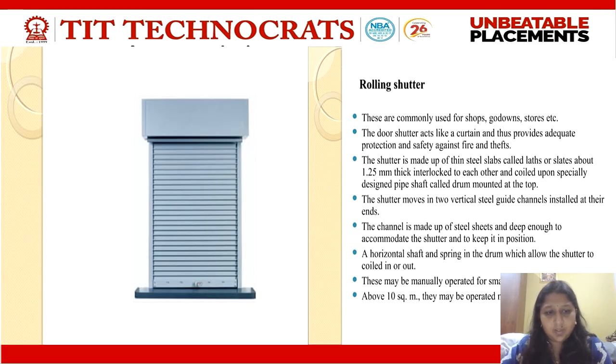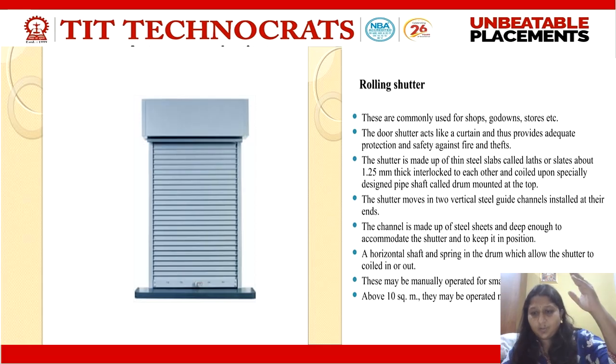Next type of door is your rolling shutter. All of us have seen this. Here a horizontal drum is provided, which has a pulley chain like arrangement through which the door can be pulled up and pulled down. Here we have a ring like arrangement. When I pull it up, the ring gets rotated, the chain gets rotated, and the shutter opens.